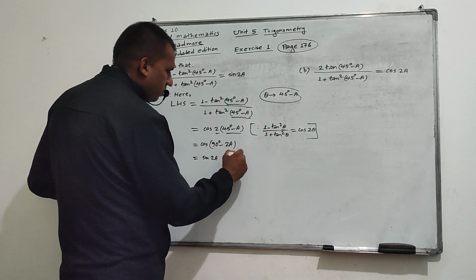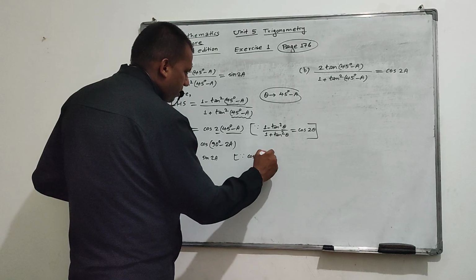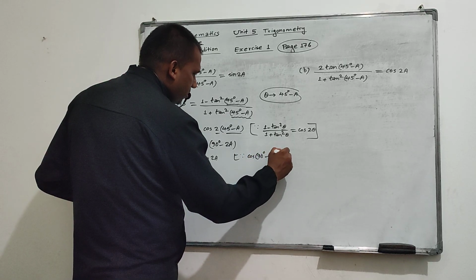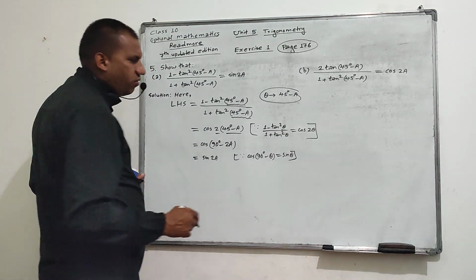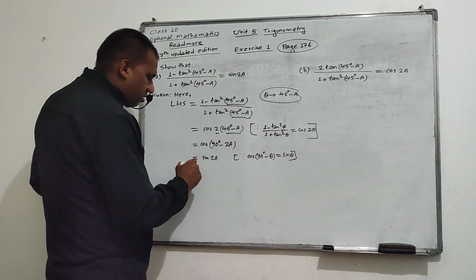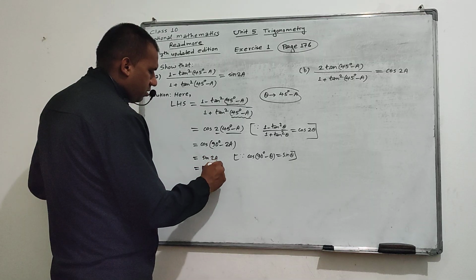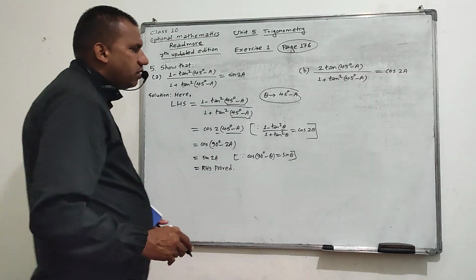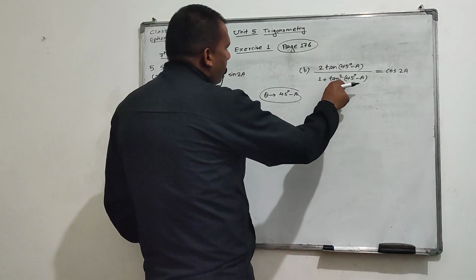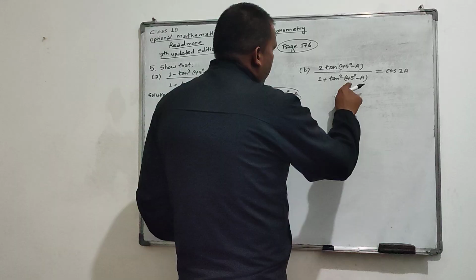We give the reason: cos (90 degree minus theta) equals sin theta because 90 minus theta lies in the first quadrant. This equals RHS, proved.